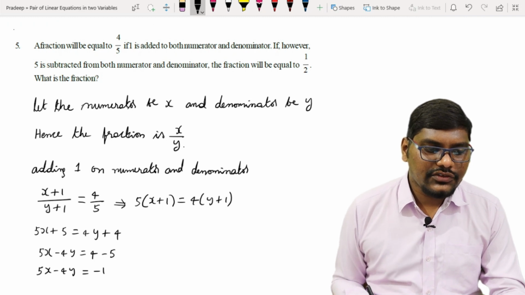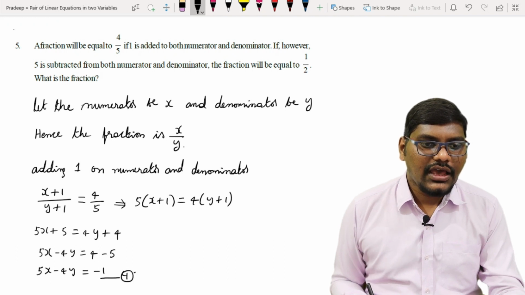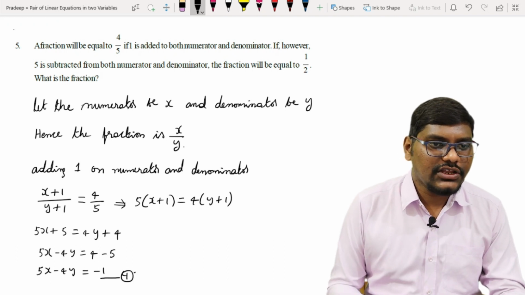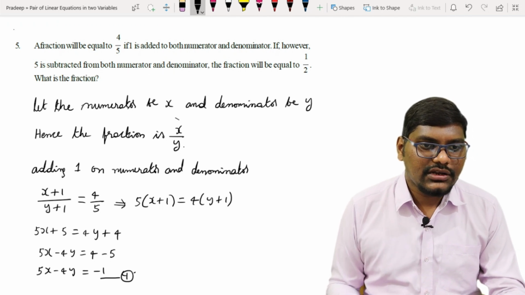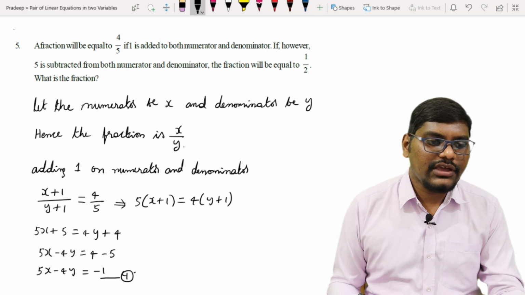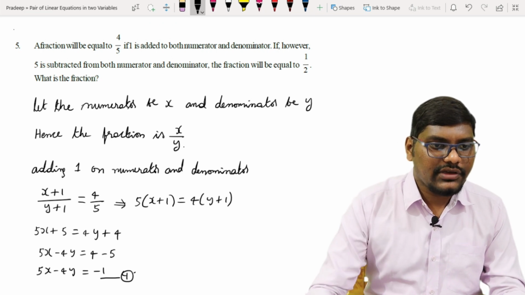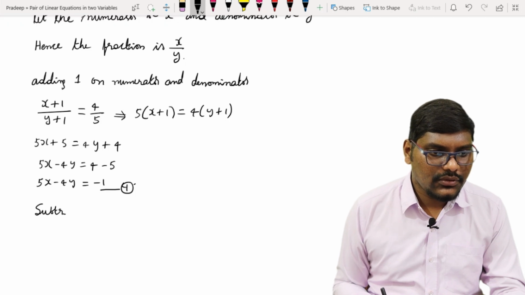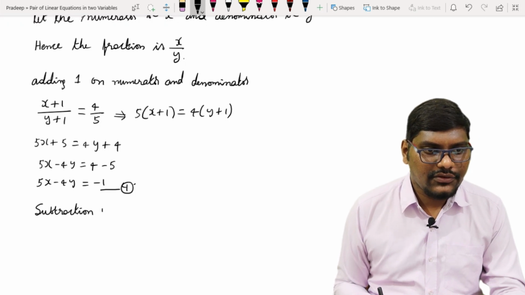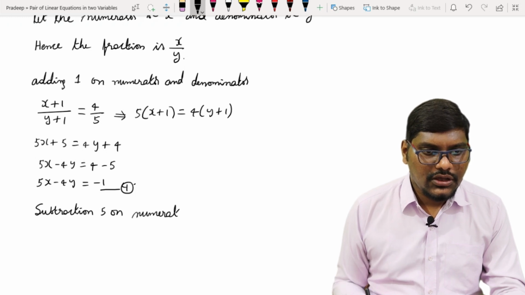Okay, so this is the first equation. We'll use the second condition also, where they're asking that 5 is subtracted from the numerator and denominator. The numerator and denominator are x by y, so we write subtracting 5 from the numerator and also the denominator.